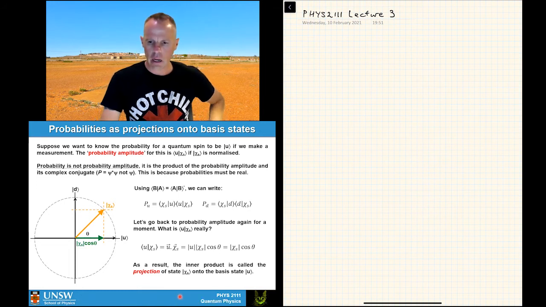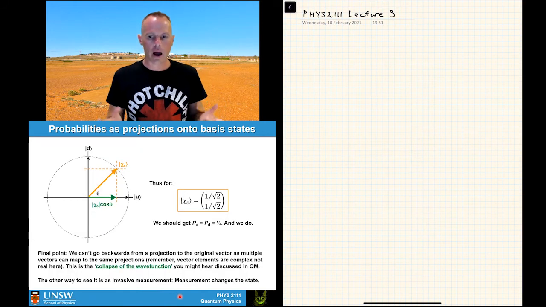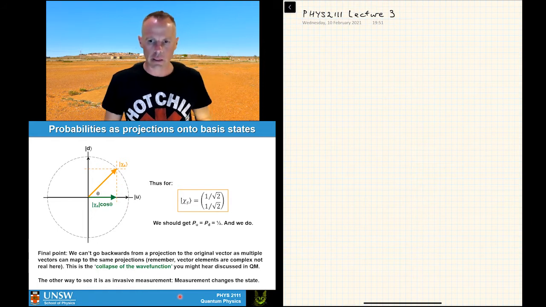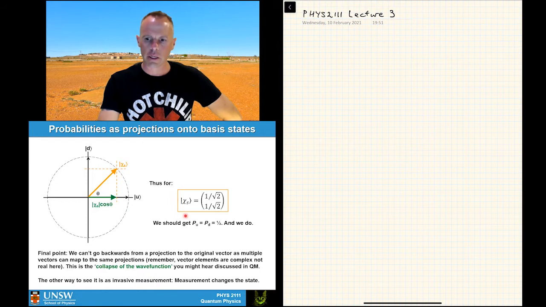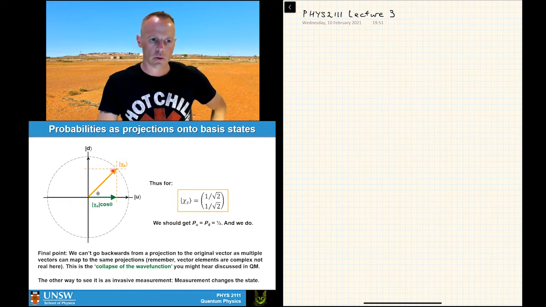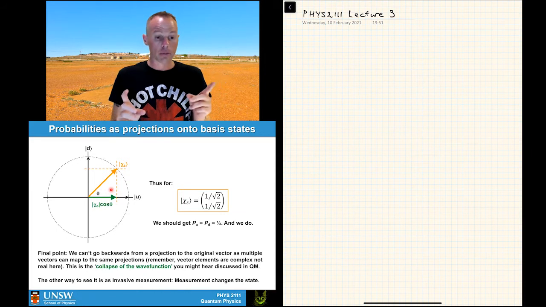So if we go to the next slide, I want to walk you through an example here, just so that we see what the maths looks like, and it's a fairly simple one. I'm going to do it just for this symmetric state. As we saw in yesterday's lecture, it's essentially a 50-50 mix of up and down.